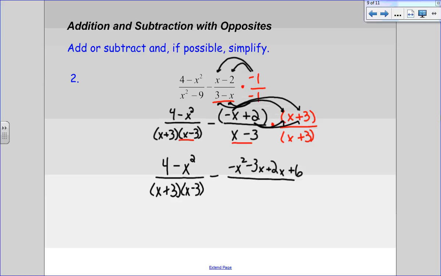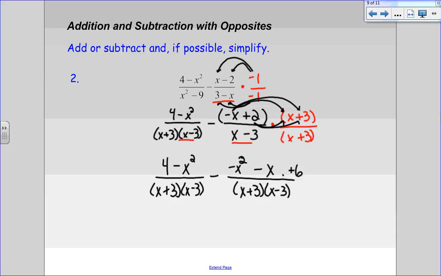Negative 3x and a positive 2x combines to give us a negative x. Now my denominator is x plus 3, x minus 3. Now that was a bit of work, but now we finally have common denominators, so it's at this point that we're finally able to subtract the numerators.